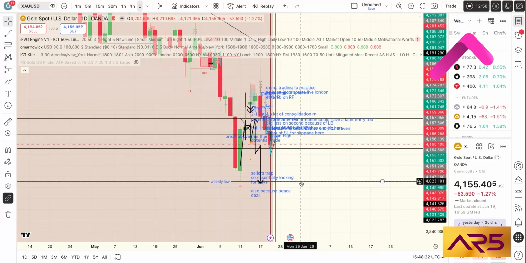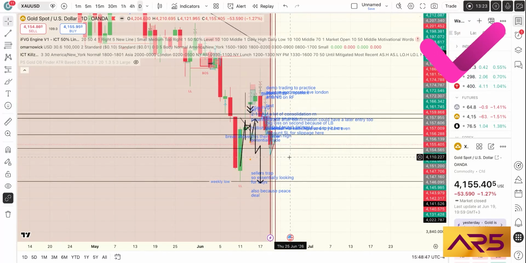And keep in mind, you have to look at geopolitical news. So essentially, anything that puts the value of the US dollar up means the gold goes down. But if the US dollar goes down, that means gold goes up. That's another factor you can take into account here. And again, geopolitical news is playing a big hand here. So for the next week, I'm still looking for sells. The market is suggesting sells, but I'm still looking for sells because the Strait of Hormuz is closed, which means we're still looking for sells.